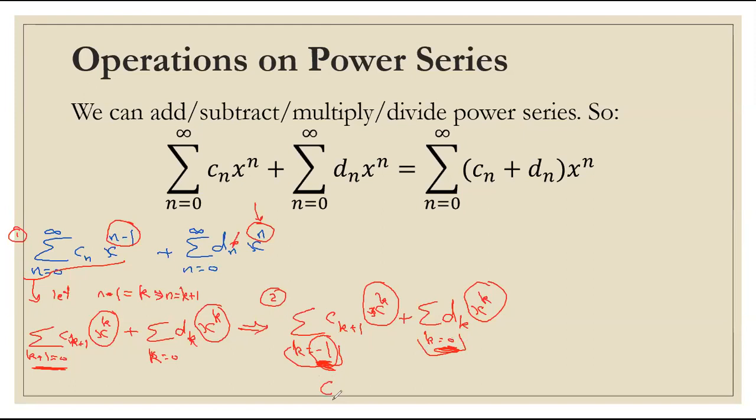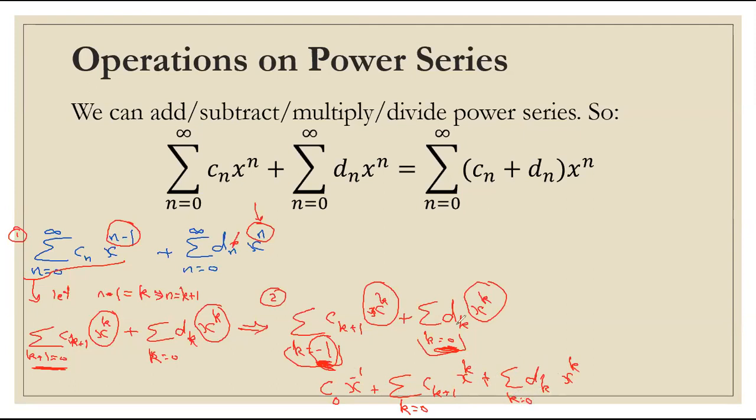So I have c of negative 1 plus 1, it's c0, x to the negative 1, plus my summation will start from 0 because the first number is negative 1, then 0 to infinity of c(k plus 1) x to the k, plus the second summation, which is dk x to the k. My k also now starts from 0.